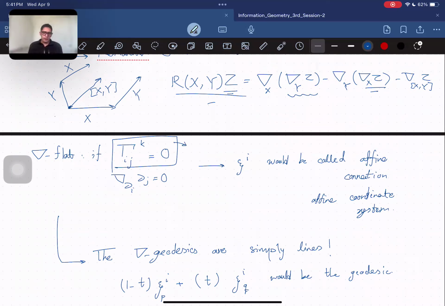So in that sense, we call the coordinate system which makes the connection flat the affine coordinate system.